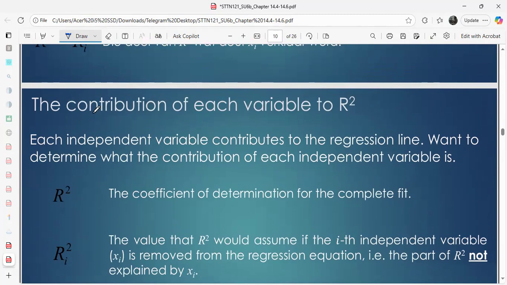Now, again, under the multiple regression, it's very important to understand the question, and also after analyzing the output. So far, you saw how to find the equation of the estimated regression: Y hat is equal to B0 plus B1 x1 plus B2 x2 plus B3 x3.